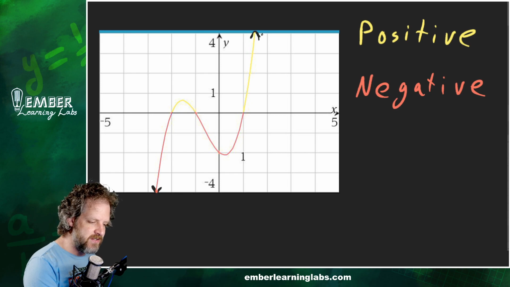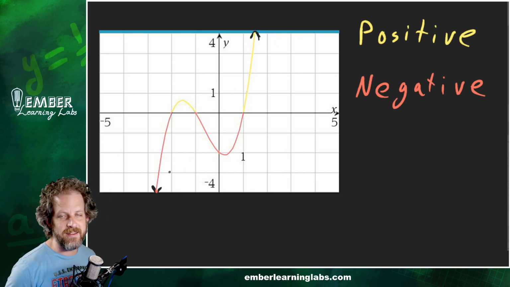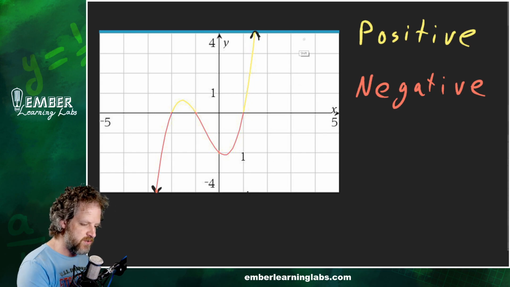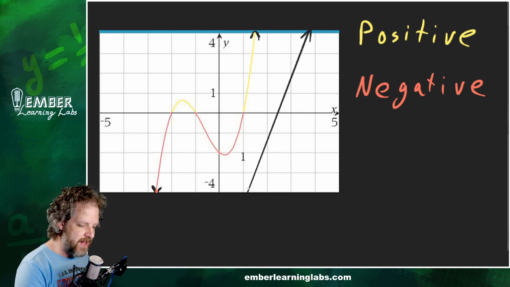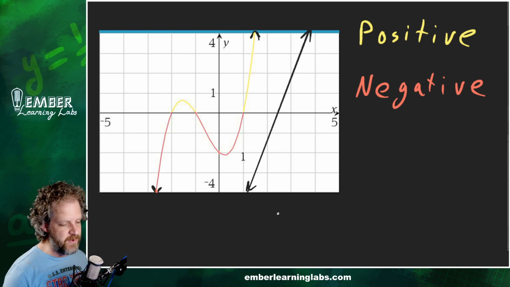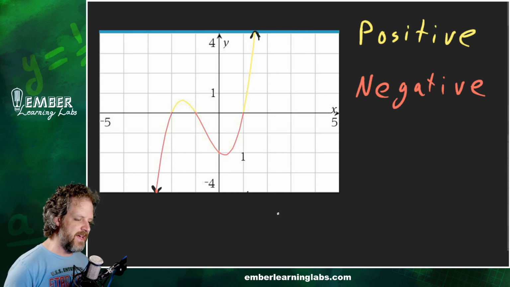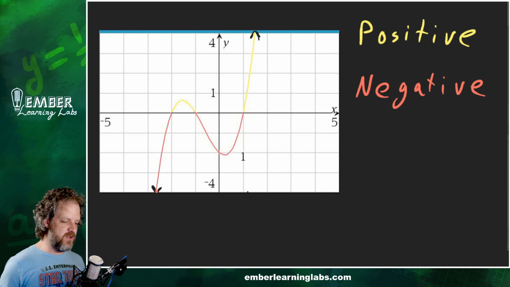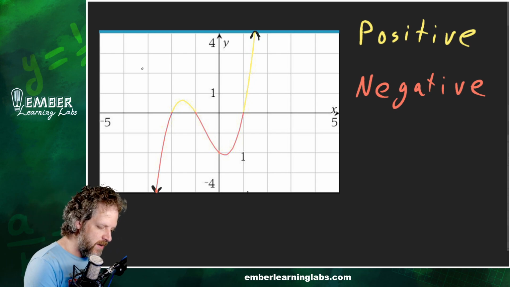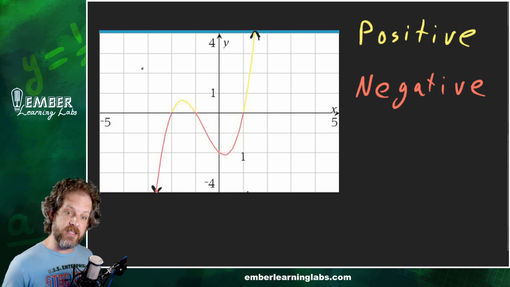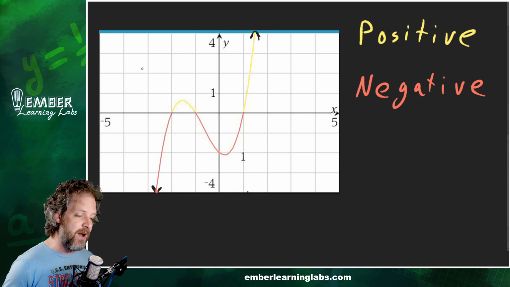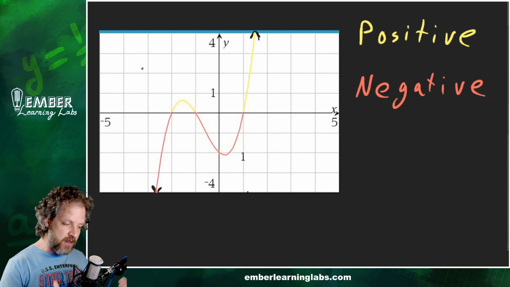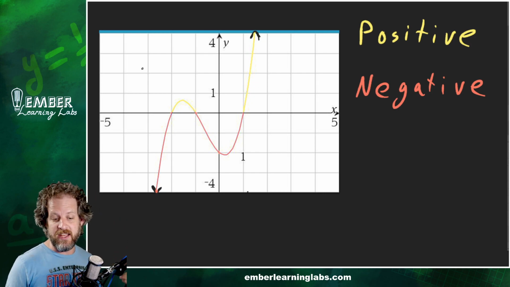It doesn't stop here. It's going to continue forever and ever, just like if we have a line and we draw it, it continues on forever and ever. Same thing with this. That's the type of function that we're illustrating here, one that continues on. That will come into play even more in some of the vocabulary words we're going to talk about in a minute. So everywhere above the x-axis, the function is positive. Everywhere below the x-axis, the function is negative.